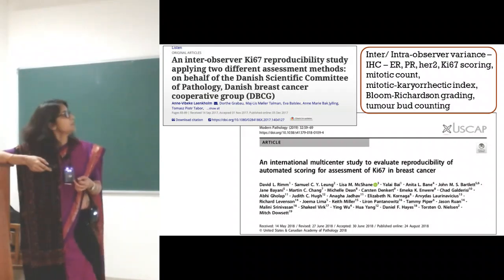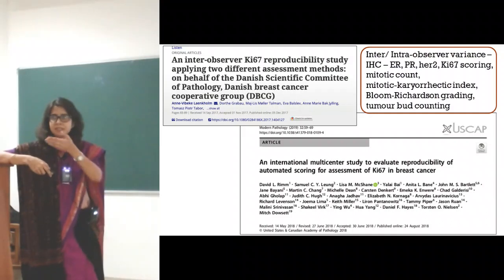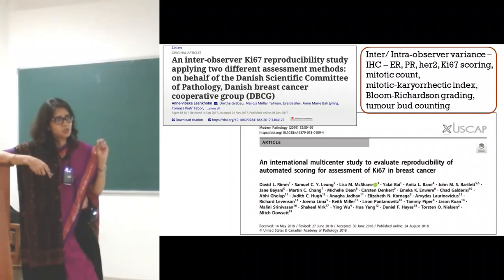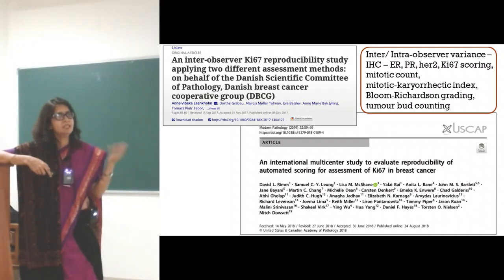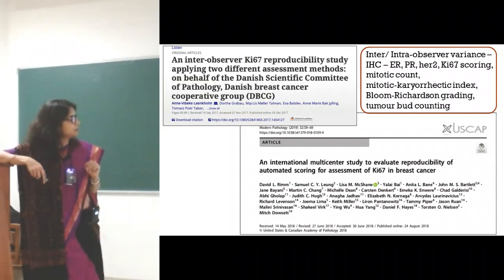Giving you examples, these are some papers highlighting Ki67, which he told you about. It's an immunohistochemistry score we do in breast cancer patients, and it guides treatment. There's huge inter-observer variability, not just in our country but the world over. This is a Danish study reporting it.